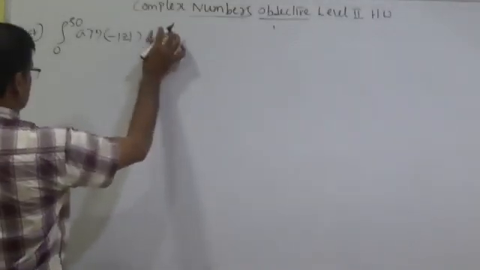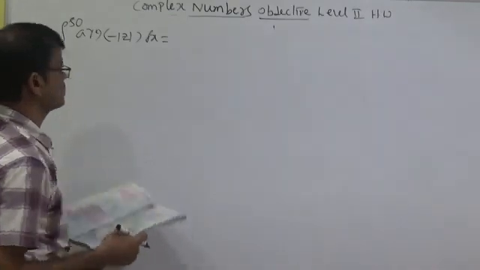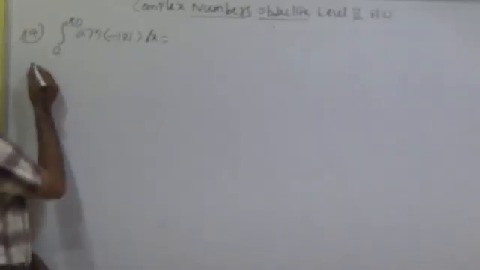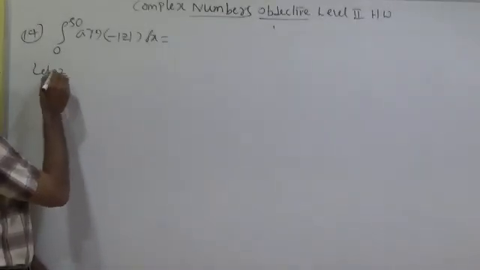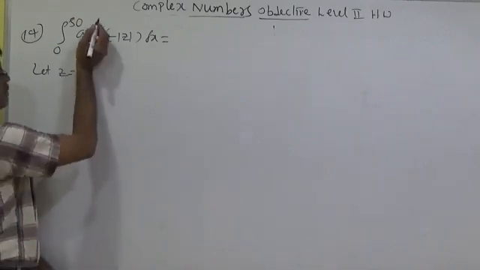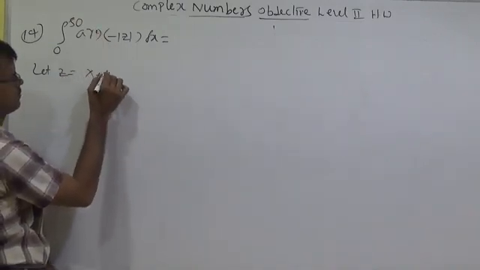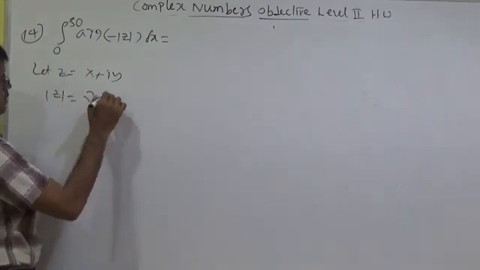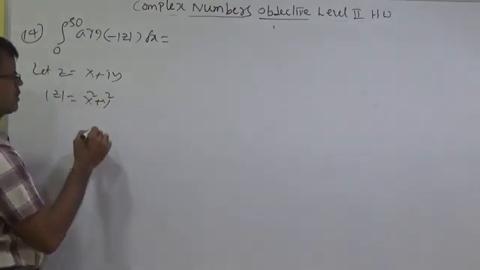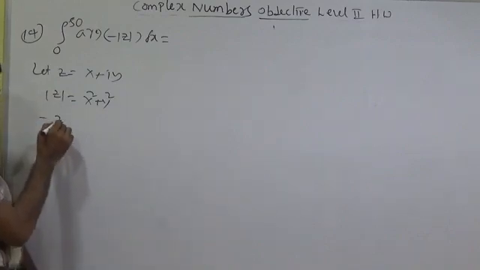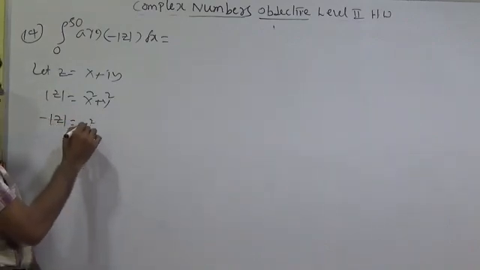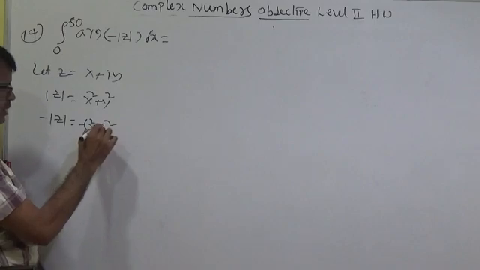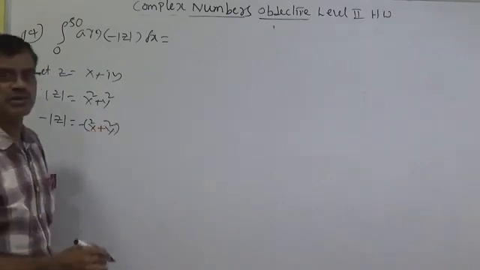Let z be equal to x plus iy. Mod z is square root of x square plus y square. Minus mod z is equal to minus of the square root of x square plus y square.